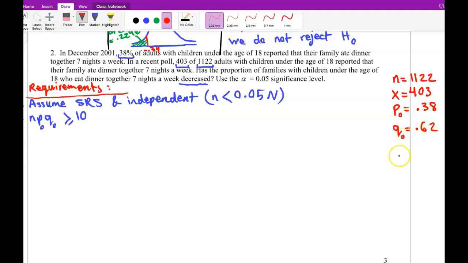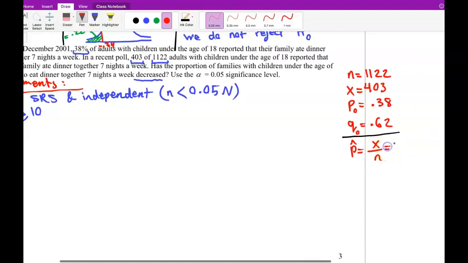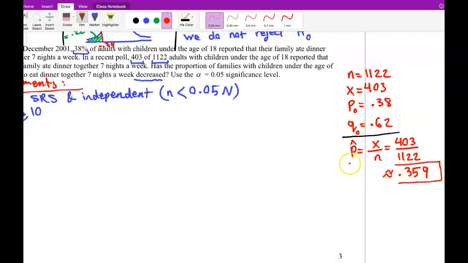Now finally, we're going to use p hat, so let's find p hat. p hat is equal to x divided by n, 403 divided by 1122. And the answer is 0.359. So that is the point estimate.